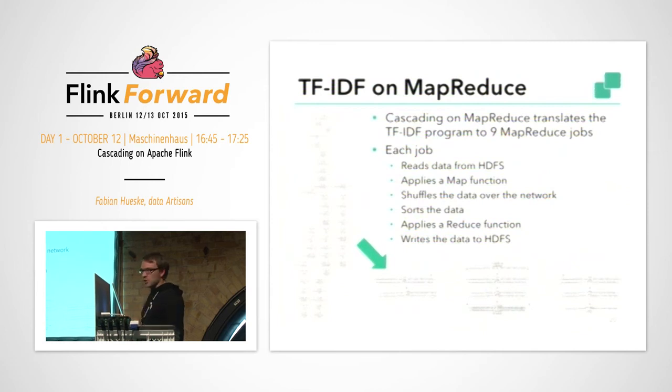Each of these jobs reads data from HDFS, gives it to a map function, shuffles it over the network, sorts it, applies the reduce function, and writes it back to HDFS. So all of this happens 9 times. Some jobs read more data, other jobs read less data because it has been pre-aggregated, but still it's 9 jobs that need to be processed.